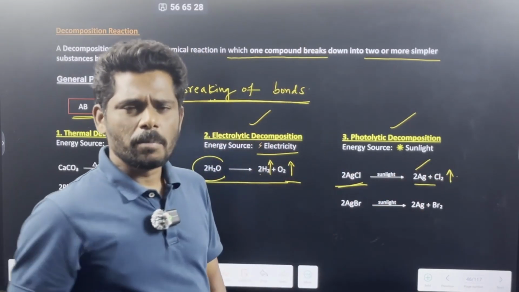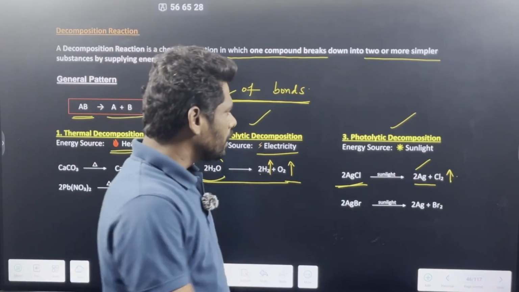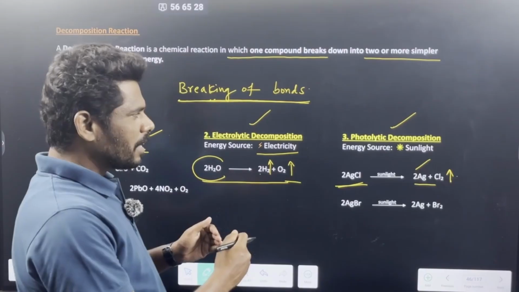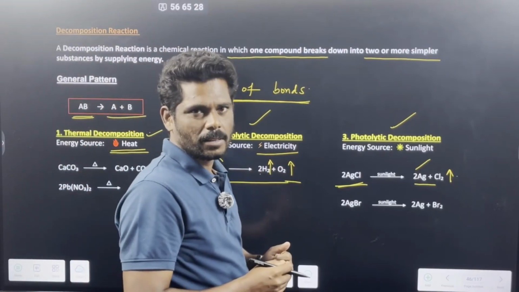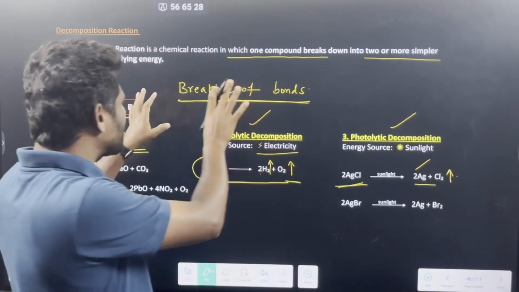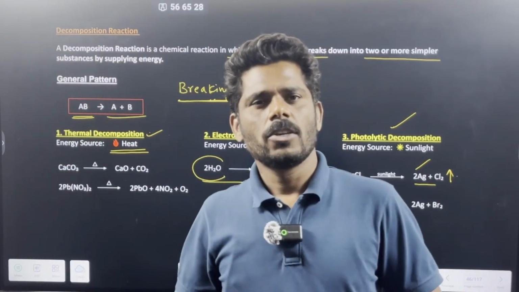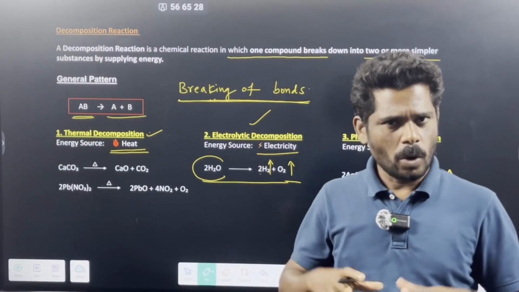This is also a decomposition, but exactly this is photolytic decomposition because we are giving the energy in the form of light. So decomposition reaction means simply a single reactant splits into multiple products, two or more than two.